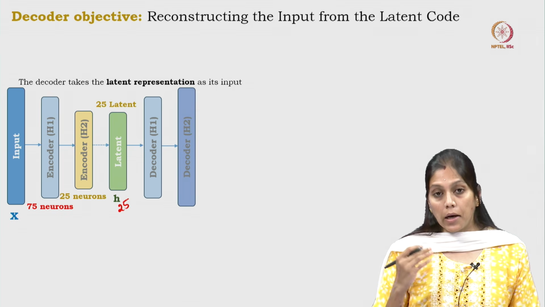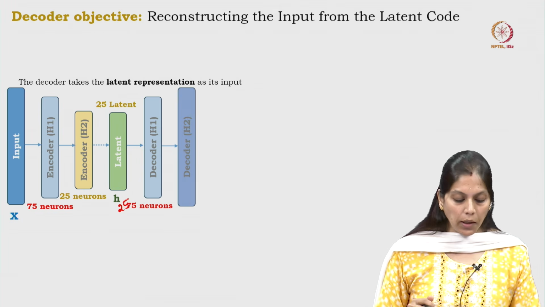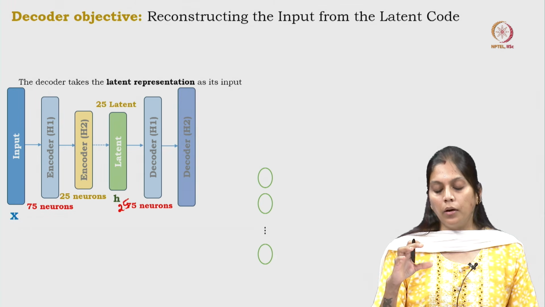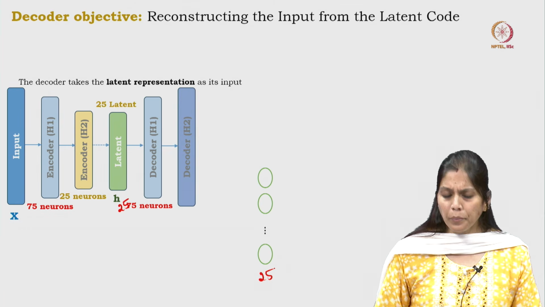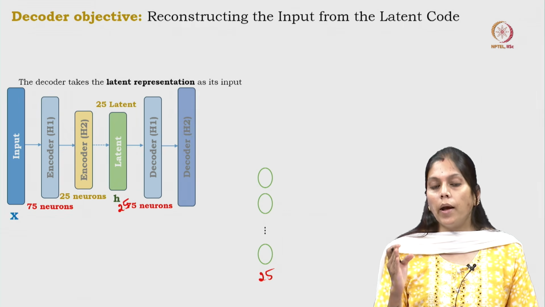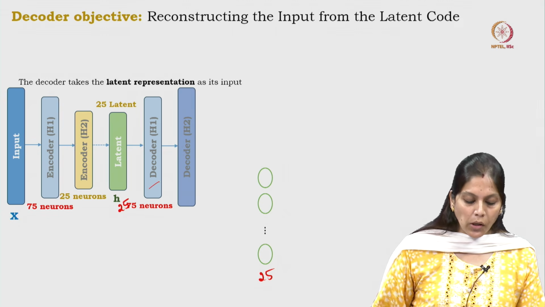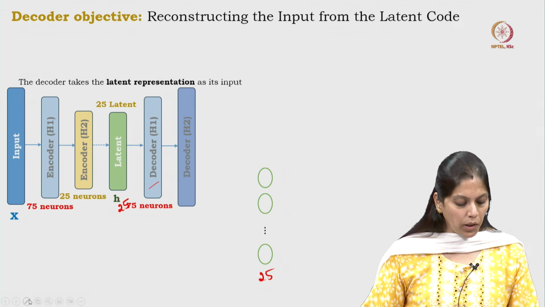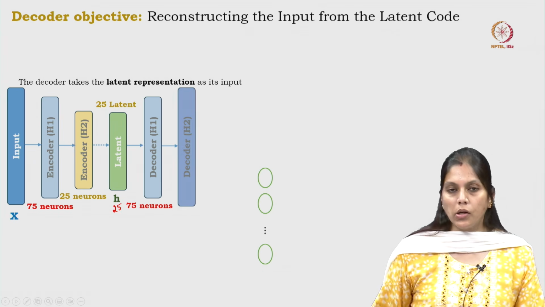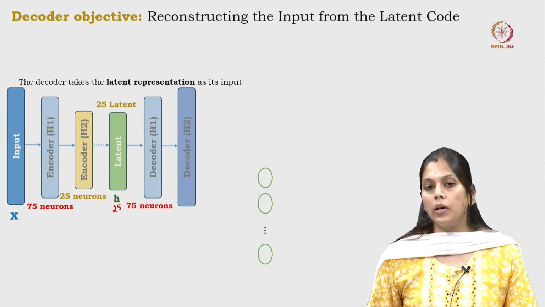Now, let us see again one by one, layer by layer, what exactly is going to happen. Initially, this is the 25. What is this 25? 25 is the input that you are passing to a decoder. At the decoder, we have a hidden layer. So, at this hidden layer, how many neurons are there? When the 25 is passed to the first hidden layer at the decoder side, we have 75 neurons.